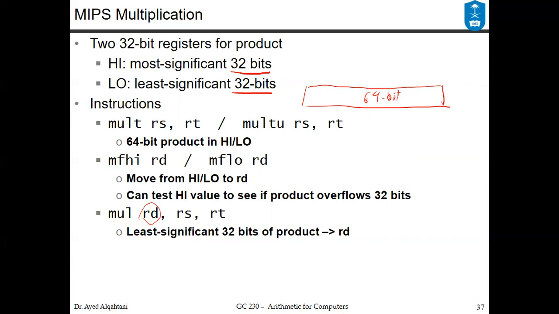And also you should read your textbooks. There is a possibility of a carry out. Anyway, let's say there are 64 bits. If you use this instruction, then the result in the destination is going to be only the least significant 32 bits.